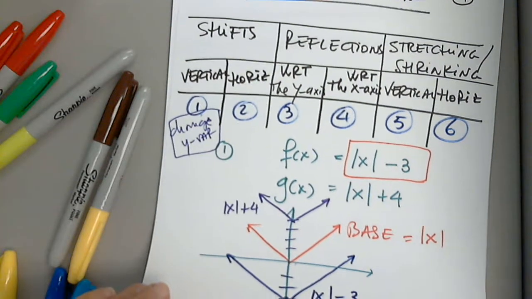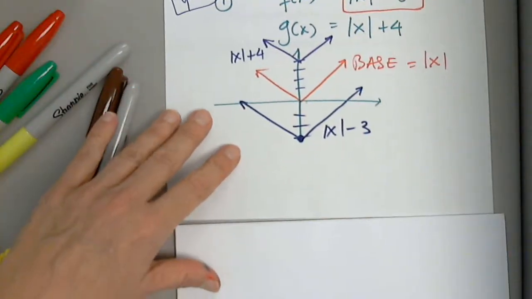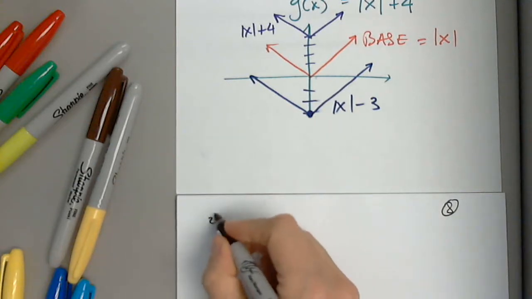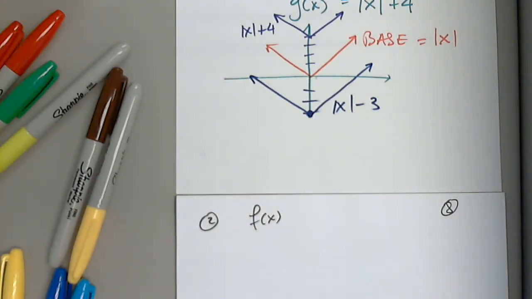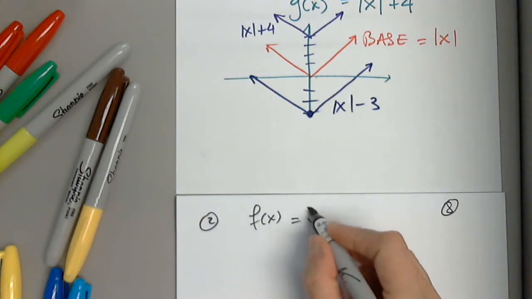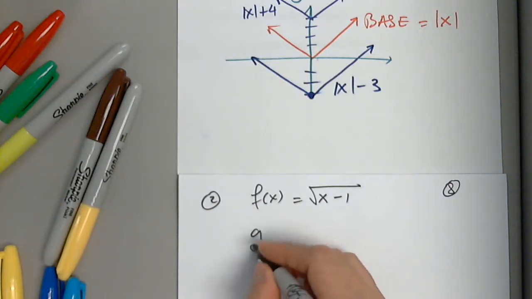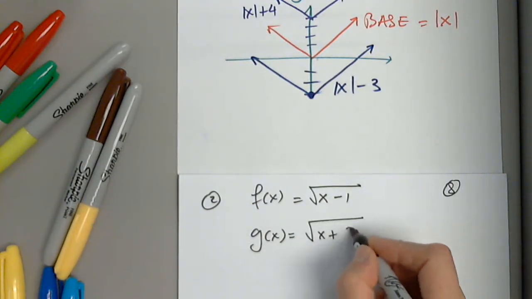Okay, so let's take a look at number 2. Let's say I want f of x to be the square root of x minus 1, and g of x to be the square root of x plus 3.